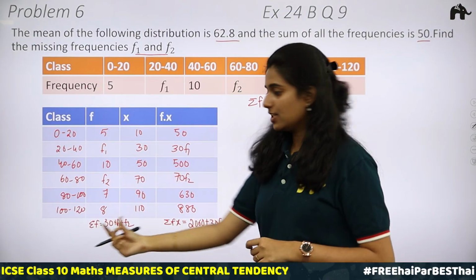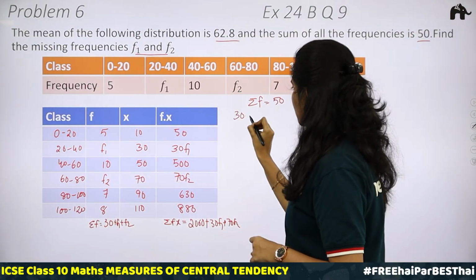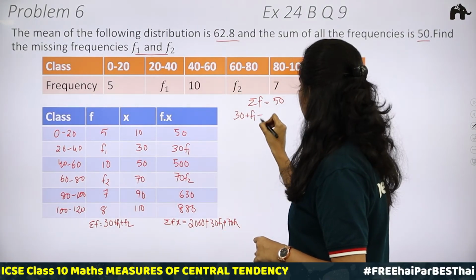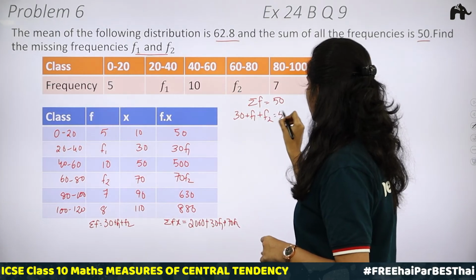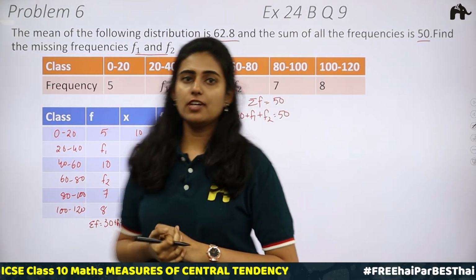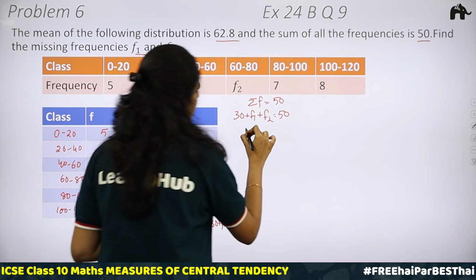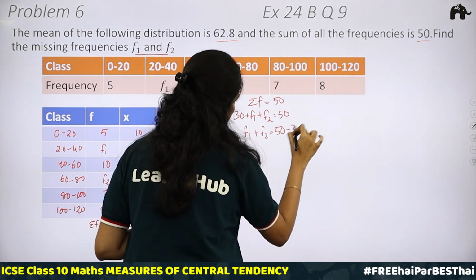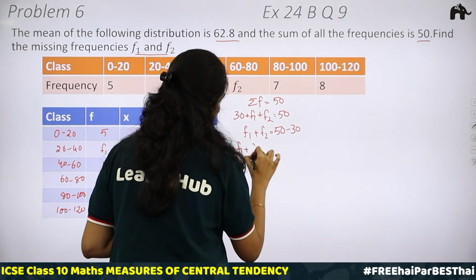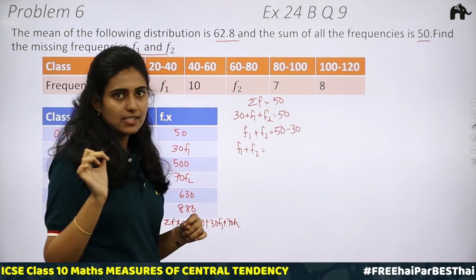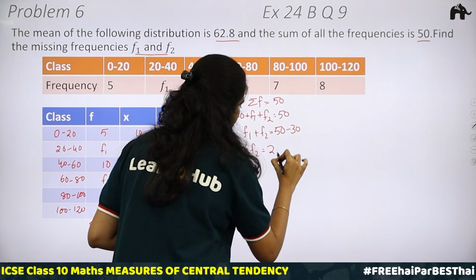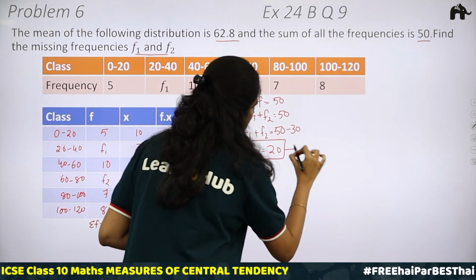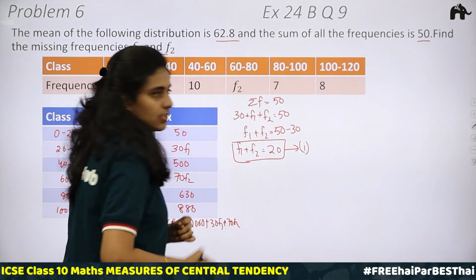Here we have summation F, that is 30 plus F1 plus F2 is equal to 50. If 30 plus F1 plus F2 is equal to 50, we can write F1 plus F2 equal to 50 minus 30. And then F1 plus F2 is equal to, what is 50 minus 30? 20. Okay. F1 plus F2 is equal to 20.